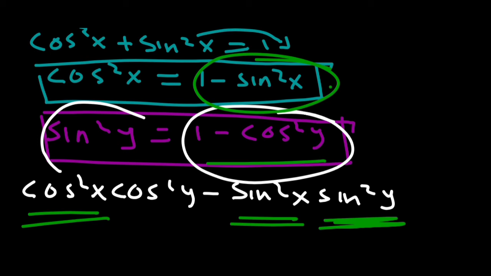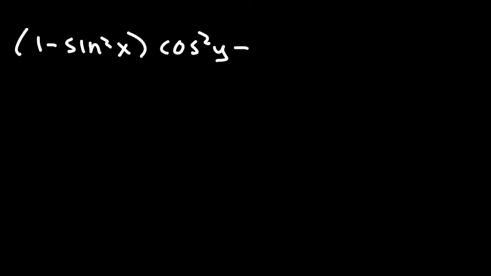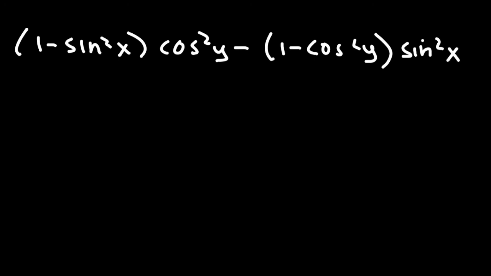So let us put everything that we have. Cos squared x, we said, is the same as 1 minus sine squared x, multiplied by cos squared y, minus sine squared y, which we said is the same as 1 minus cos squared y, multiplied by sine squared x.